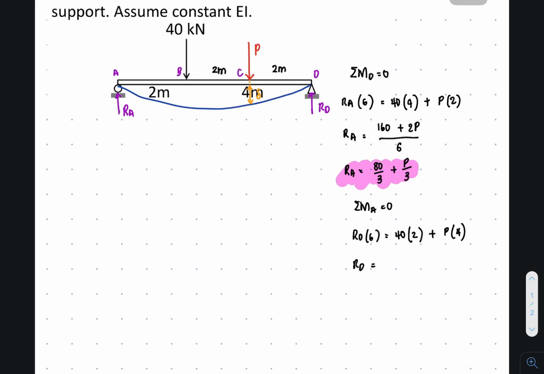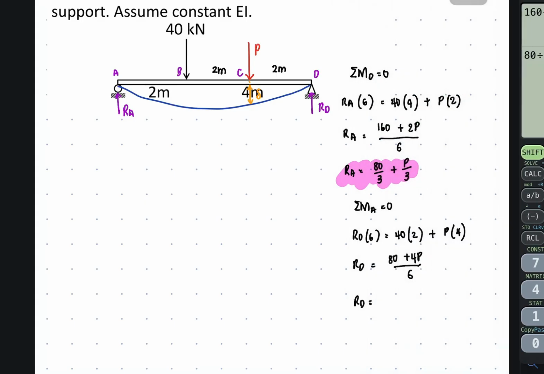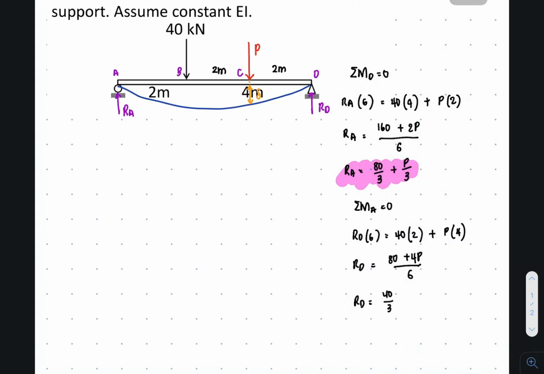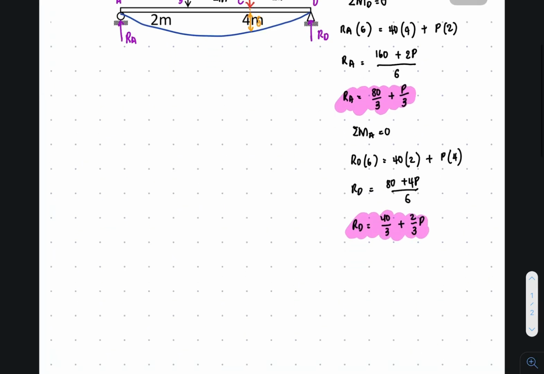So RD here is now equal to 80 plus 4P over 6, or RD is 80 over 6, we have 40 over 3 and 2/3 of P.